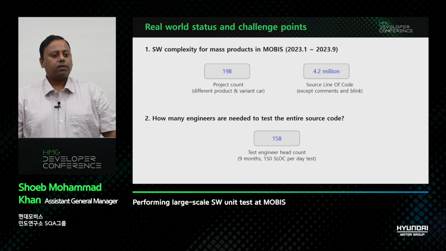To test this, we may need 158 engineers to work for 9 months based on a productivity of 150 slots per day. The major challenge here in unit testing is the manpower, the investment cost, the budget, and the more important thing is your test quality.